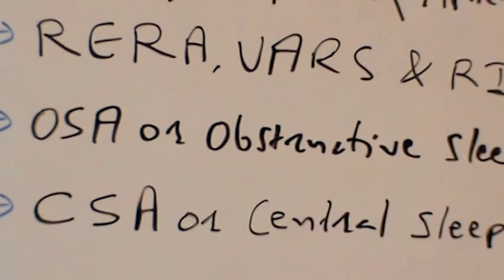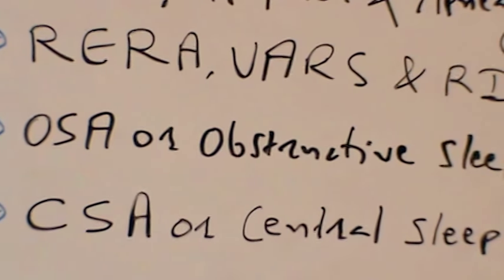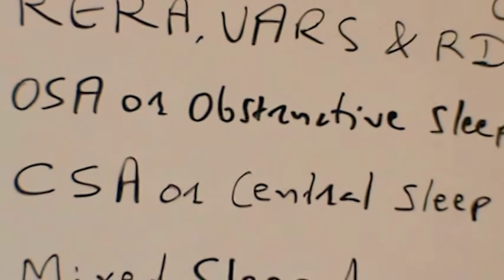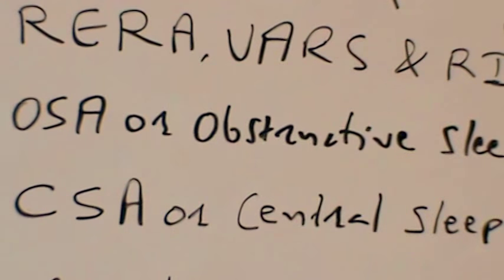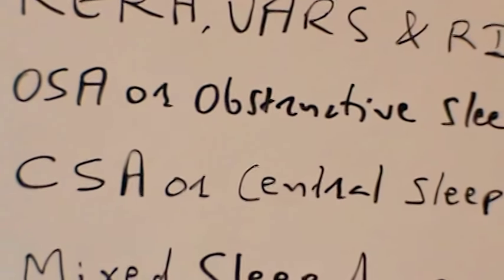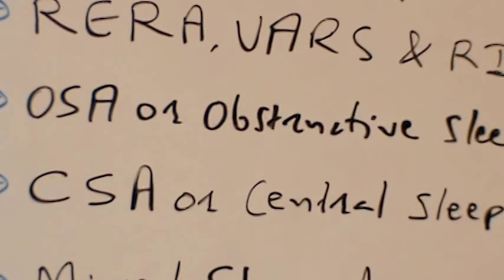OSA is an independent risk factor for increased incidence of motor vehicle accidents, pulmonary and arterial hypertension, stroke, and ischemic heart disease, and hence is considered as associated with increased mortality.